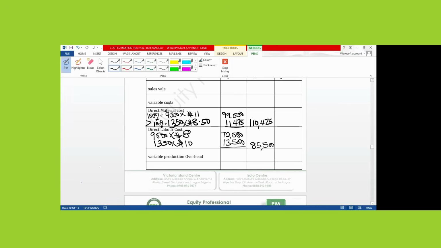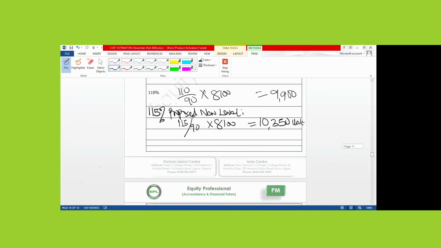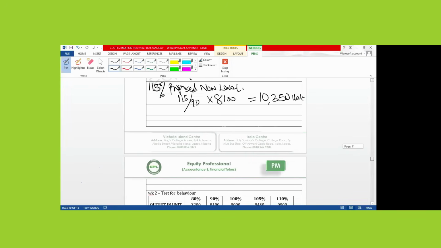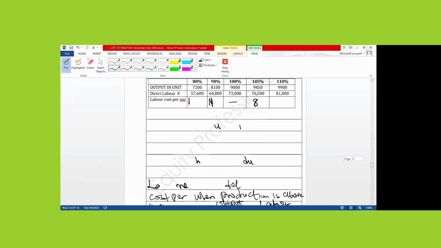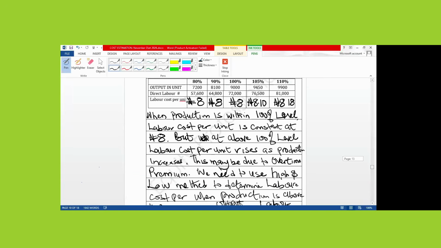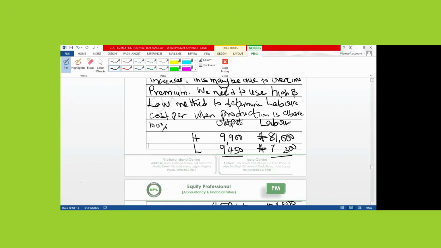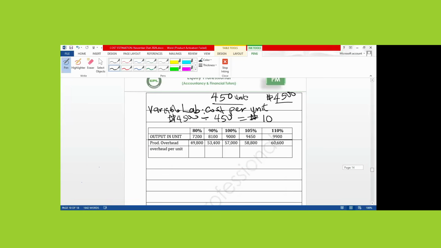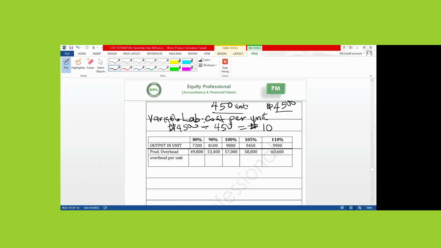We now move to production overhead. Again, you are going to take it to per unit. Look at the production overhead cost. Take the cost to per unit. 49,800 divided by 7,200.